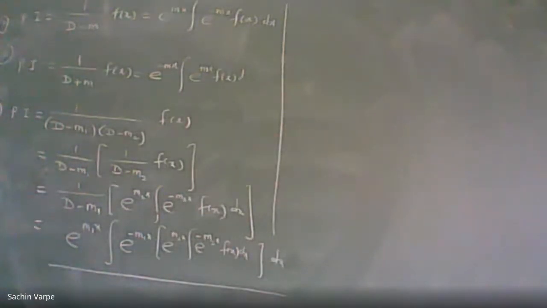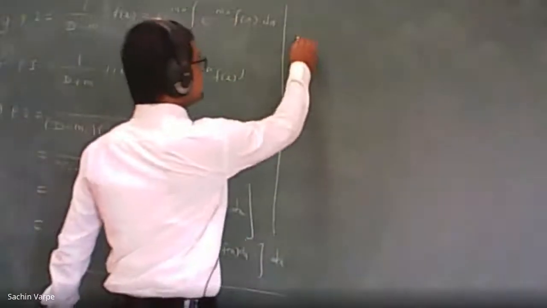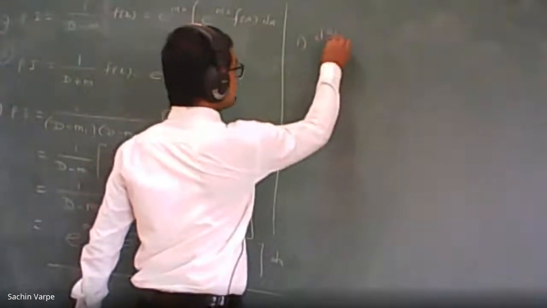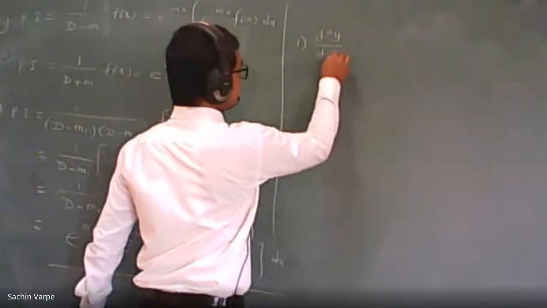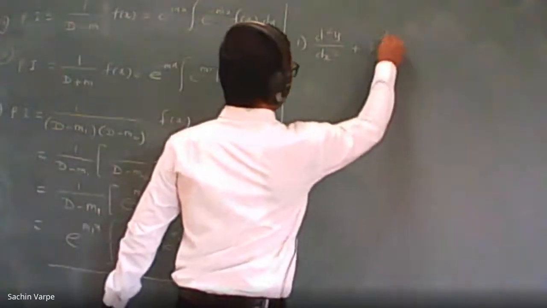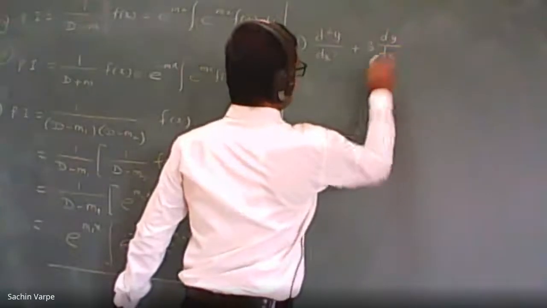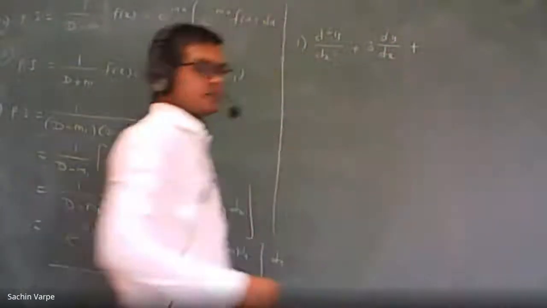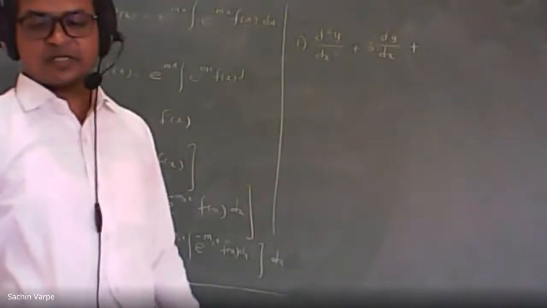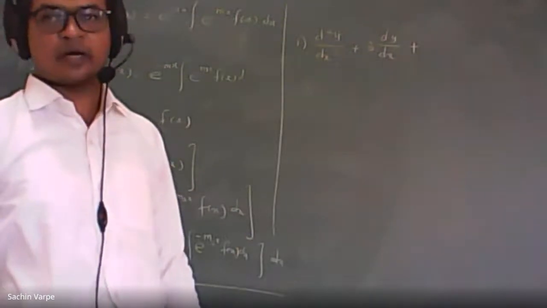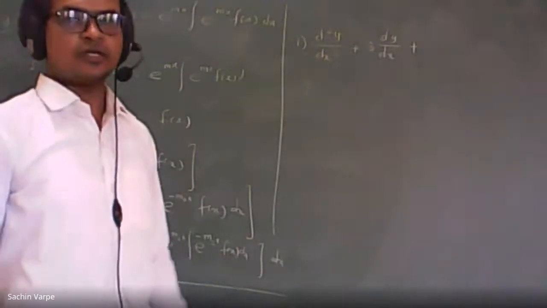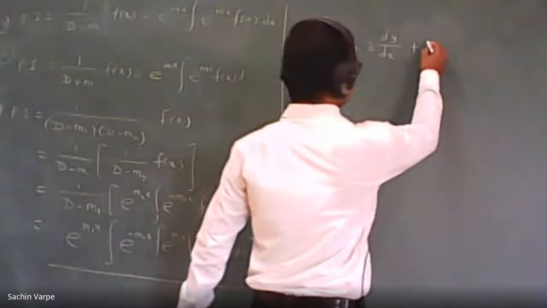First is d2y by dx square plus 3dy by dx plus 2y is equal to e to the power x.